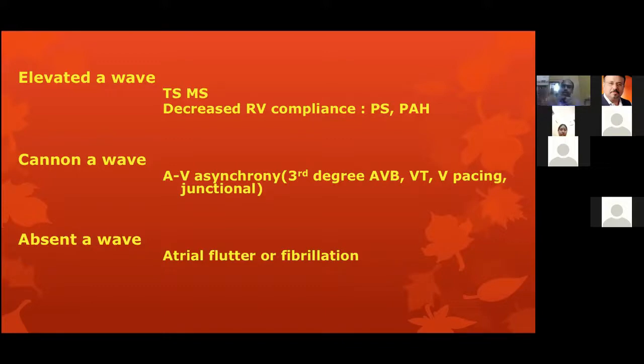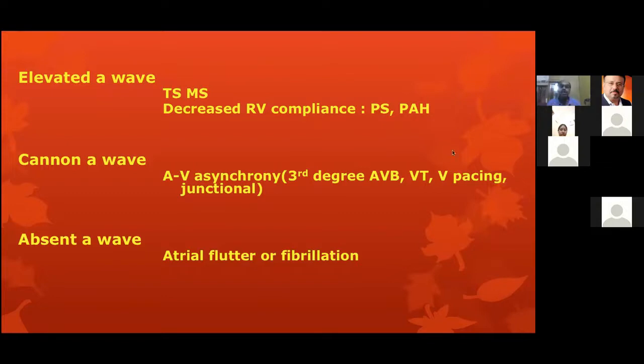At the same time, the atrium is also contracting, so the C is now fusing with the A of the atria. So there is a sudden shoot. It's like a cannon, a huge bullet being shot from the neck. Each time it goes like a bullet from the root of the neck into the JVP.